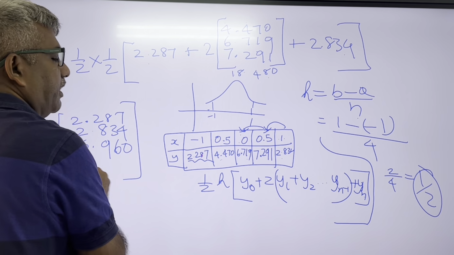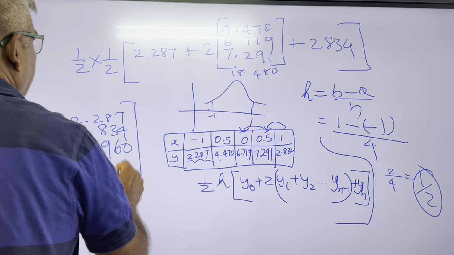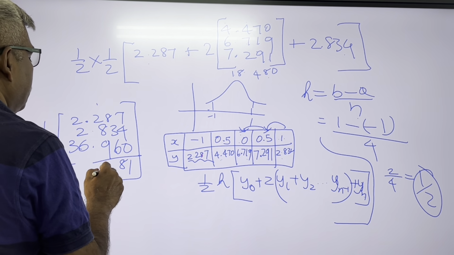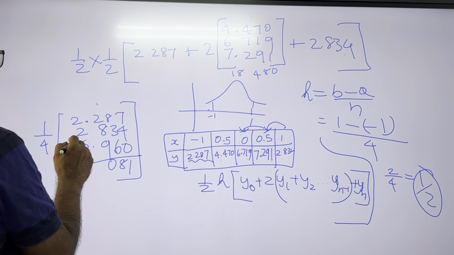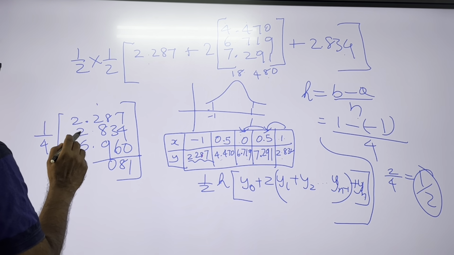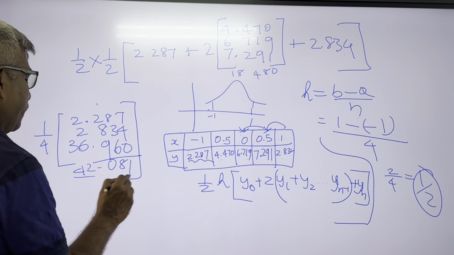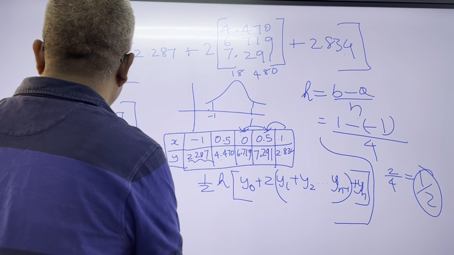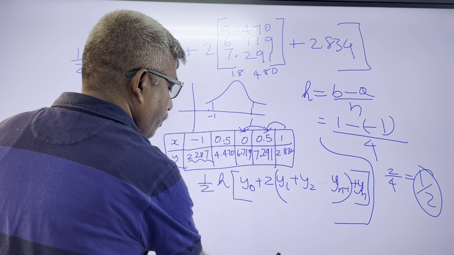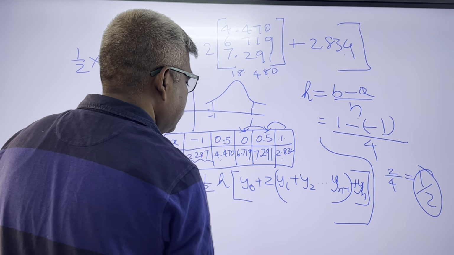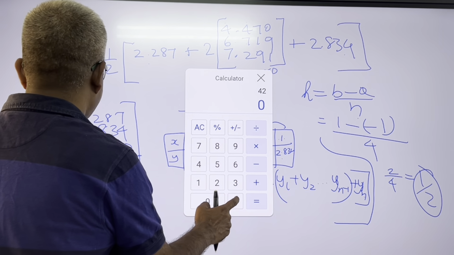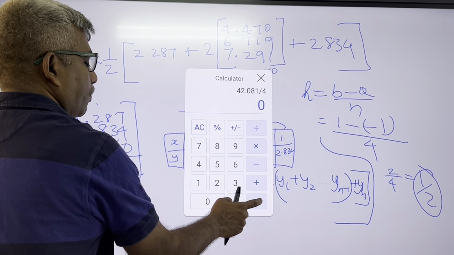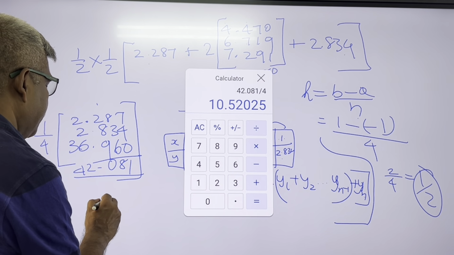Total is 42.081. Okay, 42.081 multiplied by 1 by 4, calculator: 42.081 divided by 4 is 10.52.